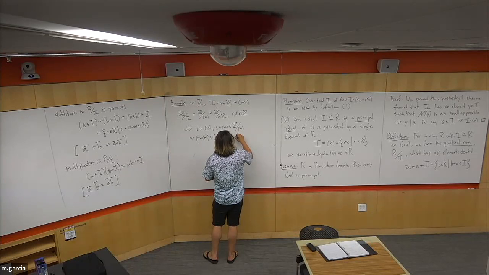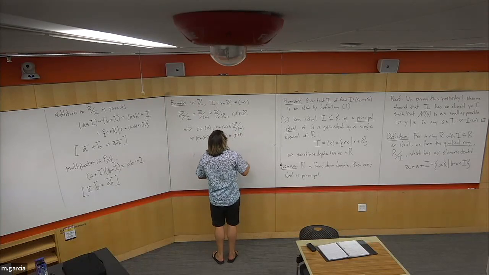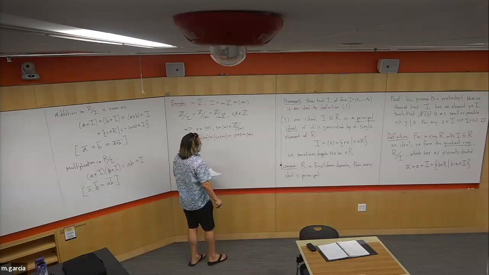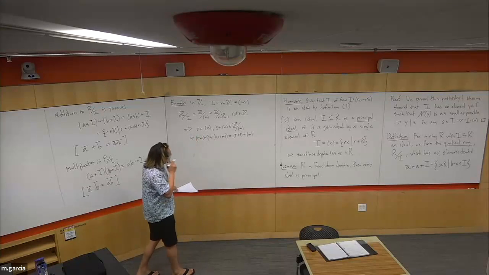I'm just adding my two integers together in the integers and looking at the residue class mod M.